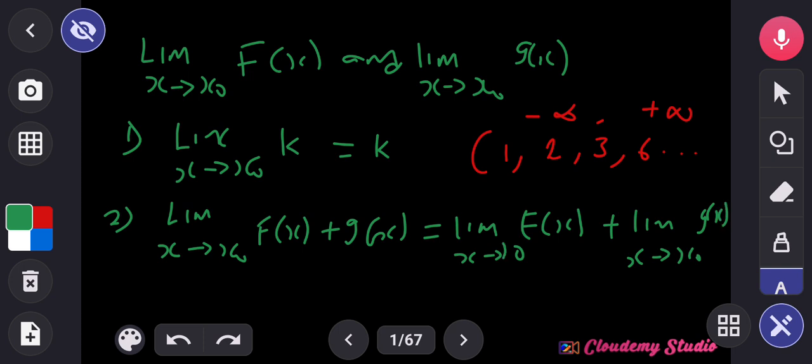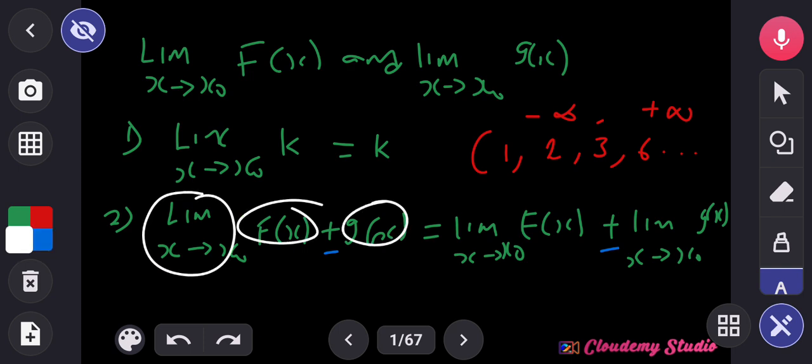So this one is x naught, not 0. Let us just say plus or minus, because it applies for both plus and minus. You understand? What it is saying is that this limit property holds for both f of x and g of x.